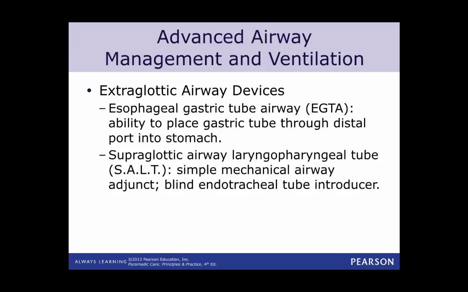However, the studies have not really shown that to come to fruition. The SALT airway has really high success rates of insertion and use in the BLS context, right? So when you use it as an adjunct, the ease of insertion, using it almost like an OPA, is highly successful. The ETI or the intubation application of this device has been suboptimal.